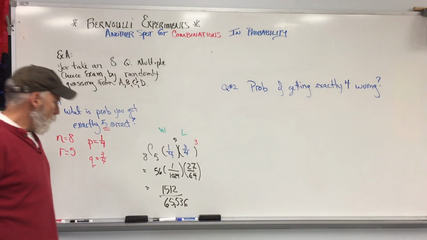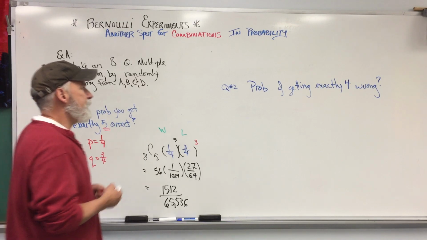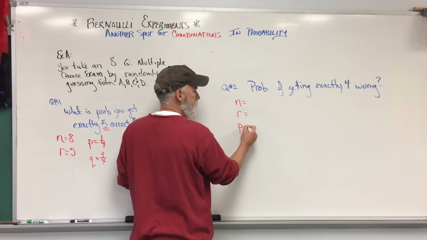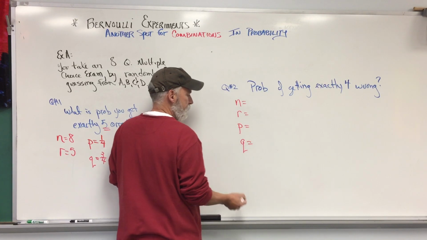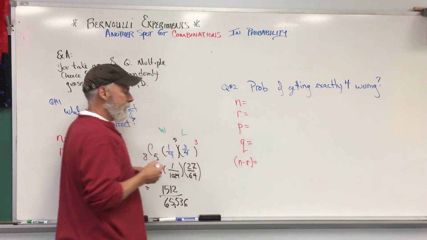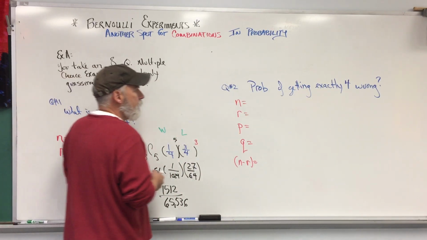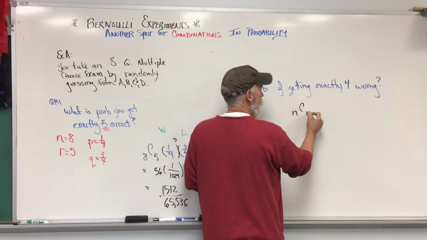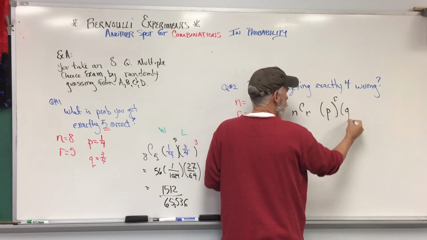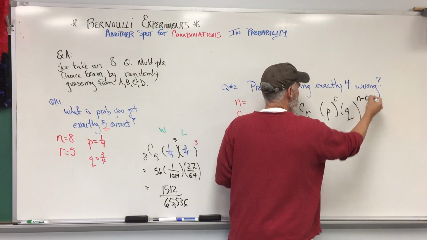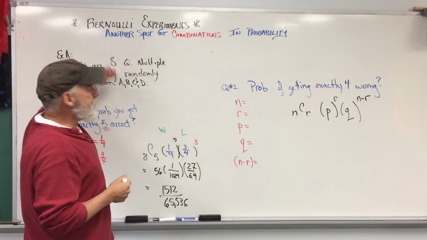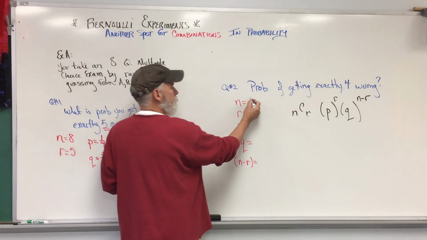Okay? So the way we attack this, once again, is we need to know what N, R, P, and Q might be. We're also going to be calculating N minus R either here or over there. Because we have this formula, which is NCR, P to the R, remember those always match, and then Q to what's left. So that formula, I'm going to write it down again, and we just have to figure things out. 8 questions you guessed on.